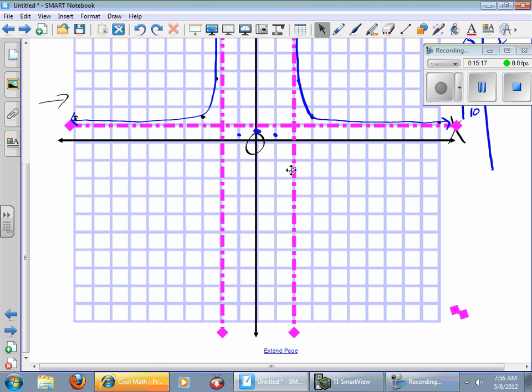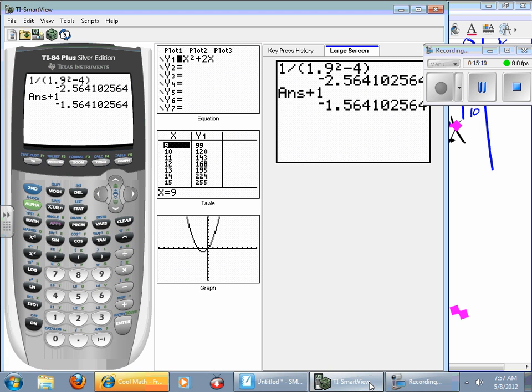Okay. Now if I do that again with 1 divided by, now I'm going to be careful. I'm going to use parenthesis. So I'm going to do another parenthesis, negative 1.9. I put it in parentheses. It's very important because of that negative. If I leave that negative out, I'm going to get the wrong answer. Minus 4.